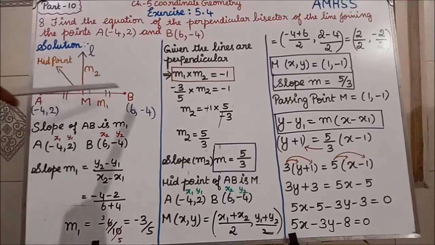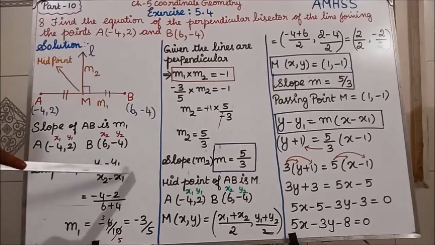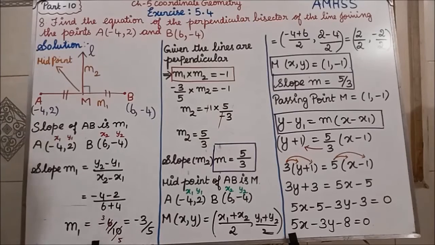Now, if 2 points are given, how will you find the slope? The 2-point formula. What is the 2-point formula? Slope M1 is equal to y2 minus y1 divided by x2 minus x1. Y2, y1, x2 and x1 values you know.